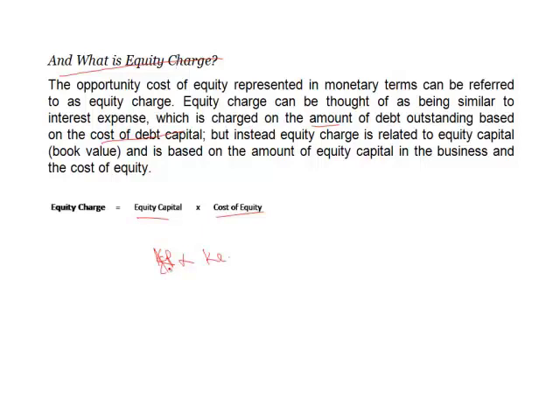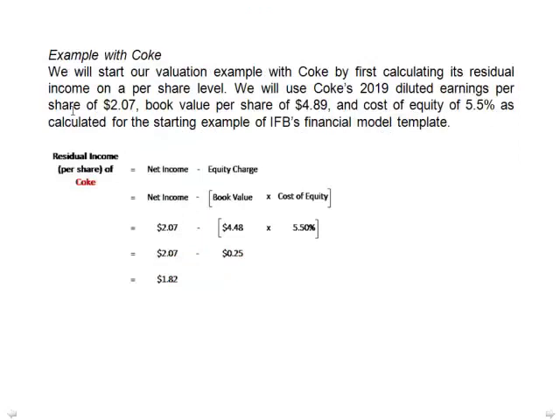Let's look at this example. We use Coke as an example. We want to start our valuation with Coke by first calculating the residual income on a per share level.